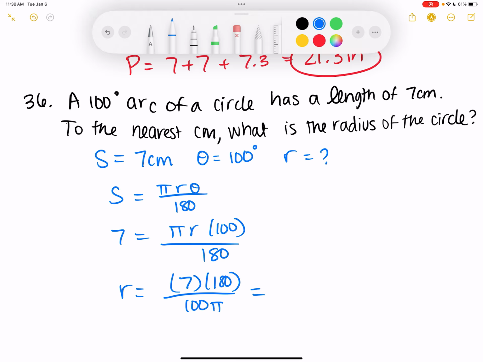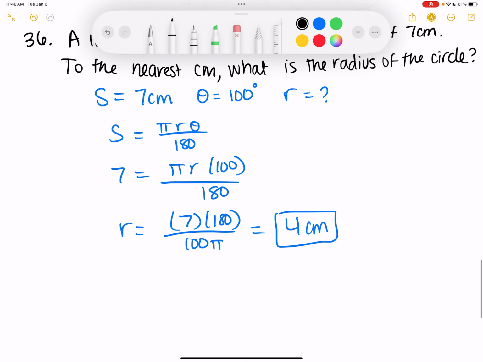Did you divide by 10 or 100? Divide by 100 pi. Are you in radians or degrees? Why is that so? I don't know. All right.